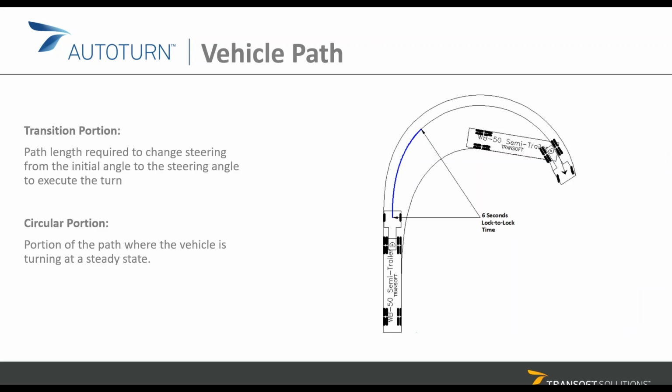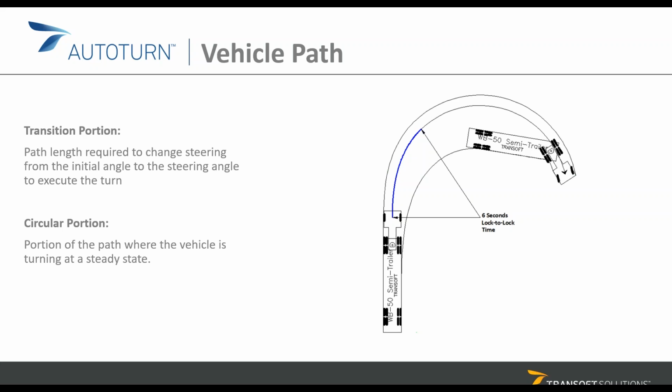Okay, so we touched a little bit on the path. Now let's talk about how we generate the path in AutoTURN. As I mentioned, when you're using the SmartPath Tools and particularly ArcPath, you'll find a transition portion and a circular portion.